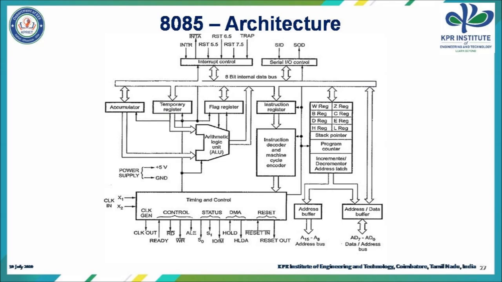In this diagram we can see the accumulator, the arithmetic logic unit and a temporary register, a flag register, an instruction register, an instruction decoder and a machine cycle decoder, then the interrupt control unit, the serial IO control unit, and an array of registers which includes WZ, BC, DE and HL registers along with the stack pointer, program counter, an increment decrement address latch, and one timing and control unit which has all the control signals, and address-data buffers. Let us see about these blocks one by one in detail.